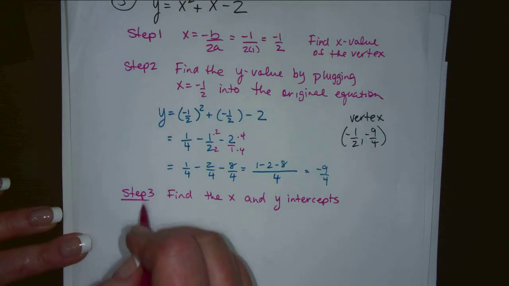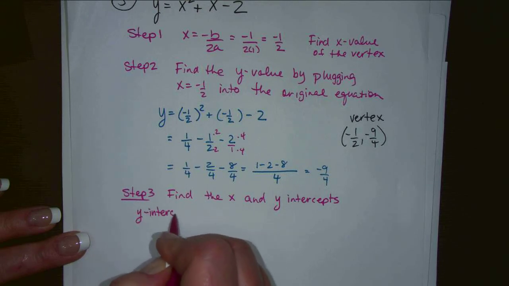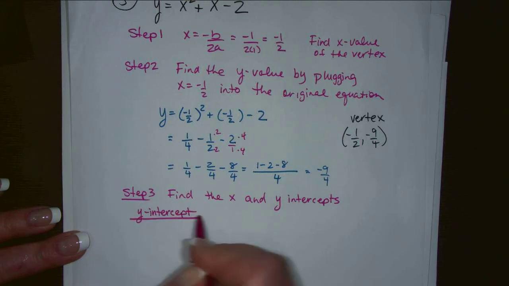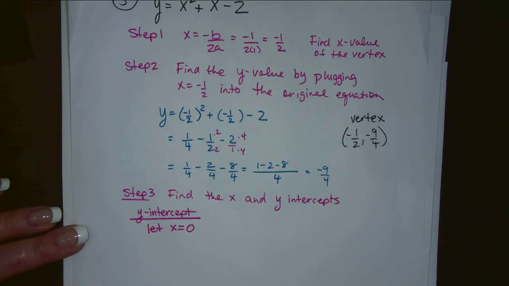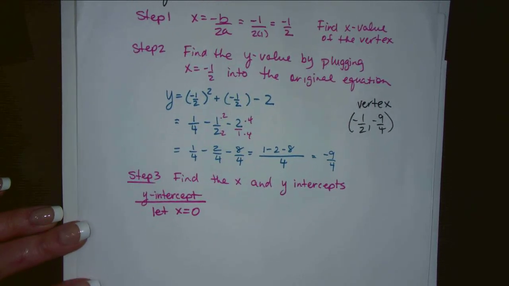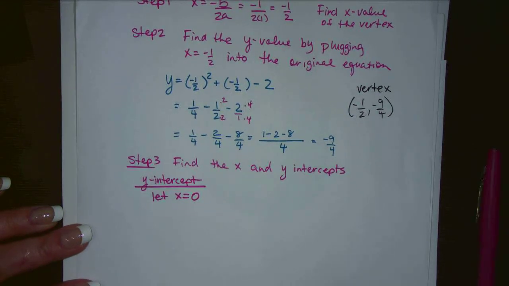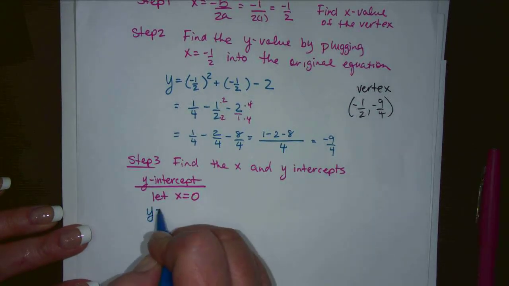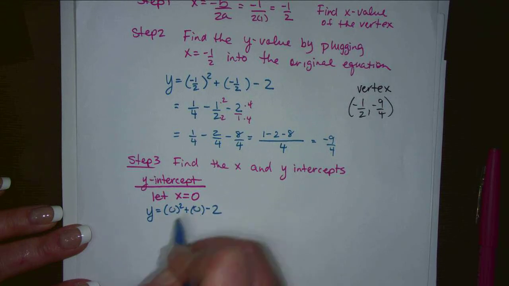So the y-intercept is actually the easier one. To find the y-intercept, we let x equal 0 in the equation. So if we write that down, y equals x squared plus x minus 2, putting zeros in there, what do we get?